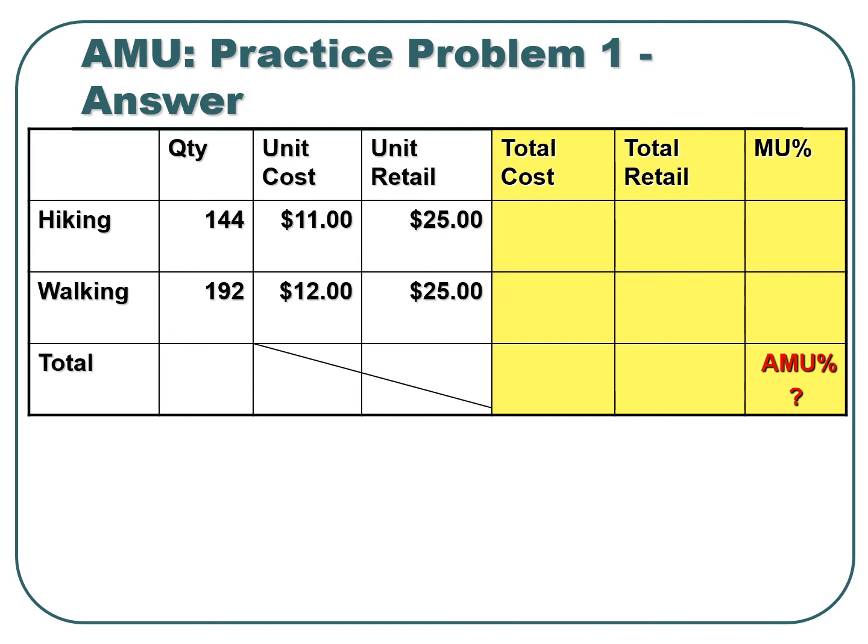Now the question actually goes to the markup percent of the total merchandise, which is what we called here AMU percent. To find that answer, we're going to have to calculate total cost and total retail for each group of items, hiking and walking shorts, as well as the total cost and total retail for the total.